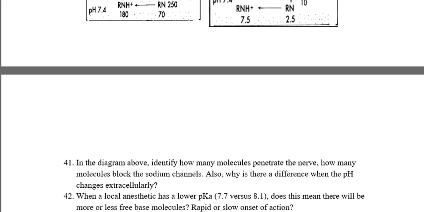Doesn't mean that the drug is bad if they have a pKa of 8.1. They just have fewer free base, takes a little bit longer to get numb, but that particular drug you stay numb for a long time. But lower pKa equals more free base, more rapid.